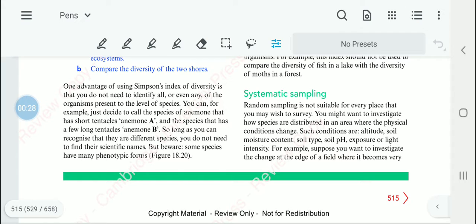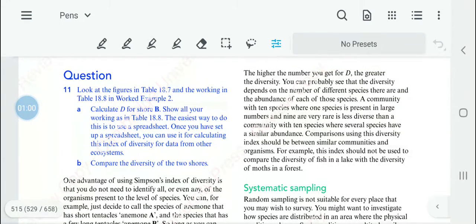We can just simply call them, for example, if there is a species of anemone with short tentacles, we can call it anemone A, and if there are few long tentacles, then anemone B. So we can identify them to be different species, but again we have to be very careful because there could be the same species with different phenotypes.